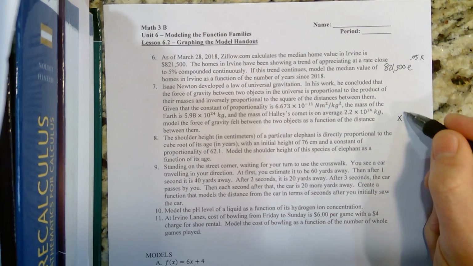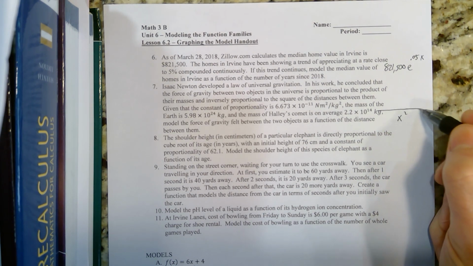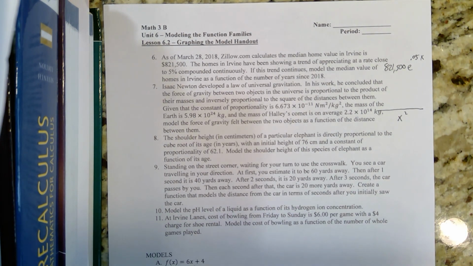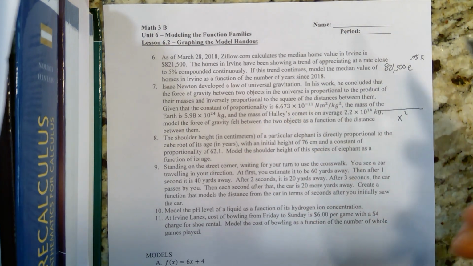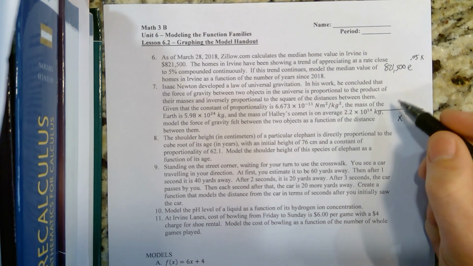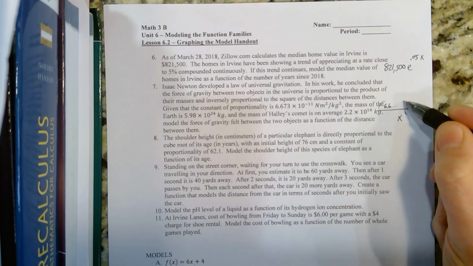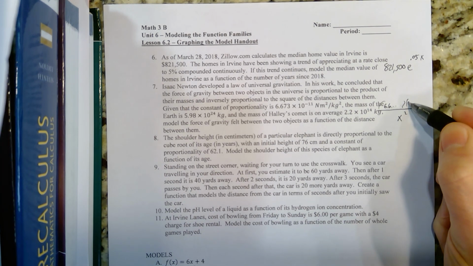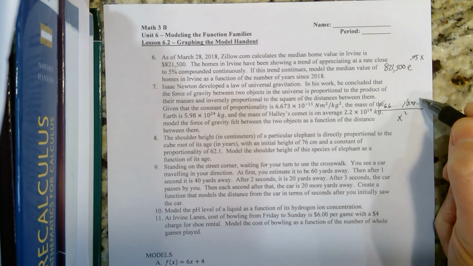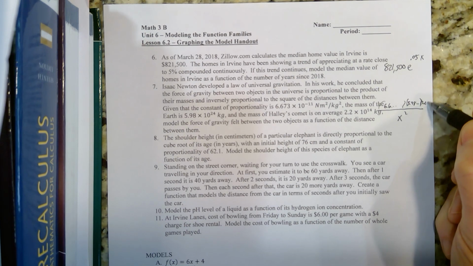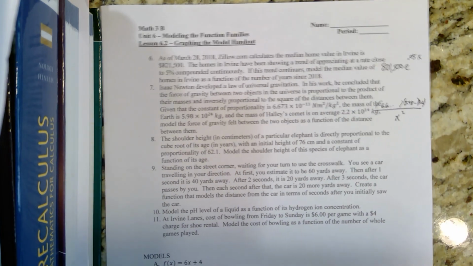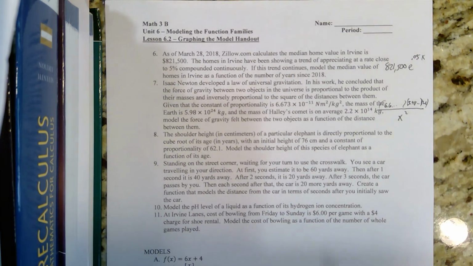So x squared is my denominator. Okay, and then my numerator is, of course, the product of all of that fun stuff. So 6.6 blah blah blah times the 5.98 blah blah blah times the 2.2 blah blah blah. So there's number 7, rational function.